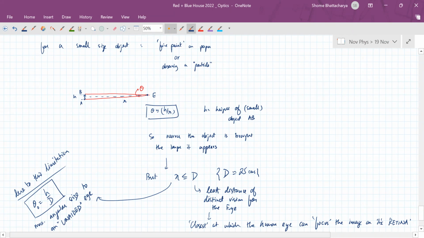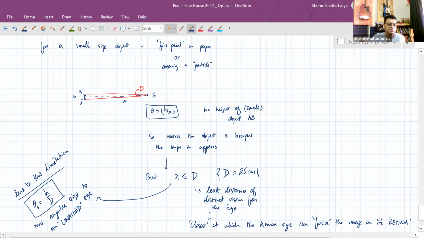For any optical instrument, this value theta naught, the maximum angular size for the unaided eye, is used as a reference point. Compared to that, how much larger we are able to see the object tells us the magnification. Not the linear magnification that we have seen earlier in lenses, but something else called angular magnification.